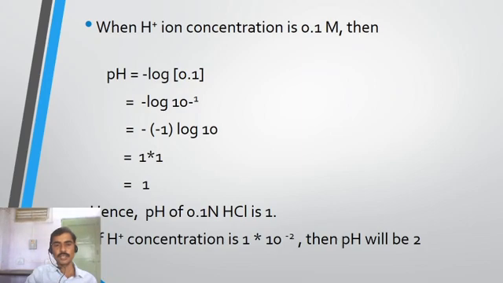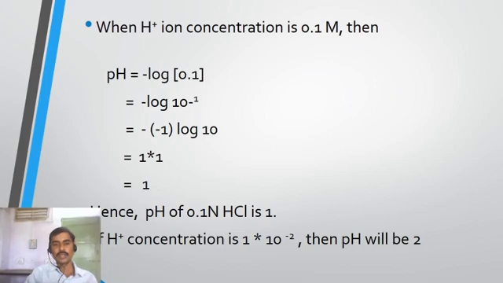See in the given slide, the calculation is given here. pH is equal to minus log of concentration of 0.1. 0.1 is the given concentration of H plus ion.